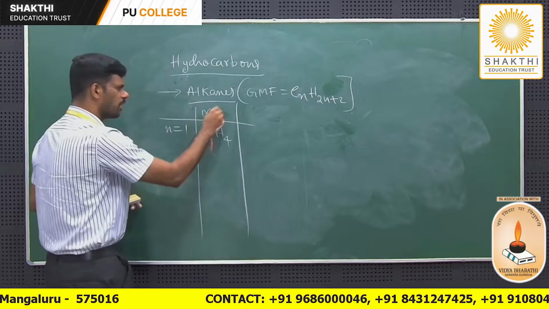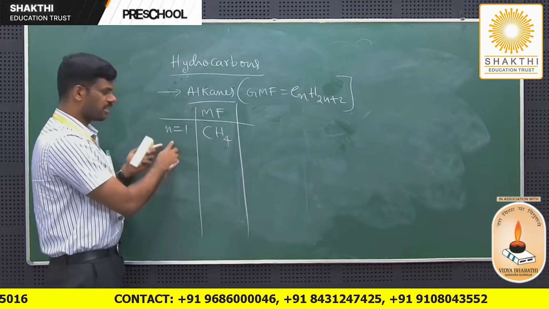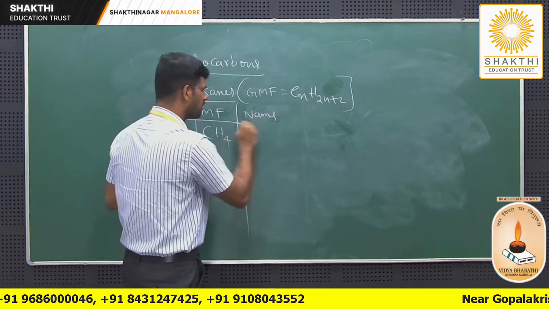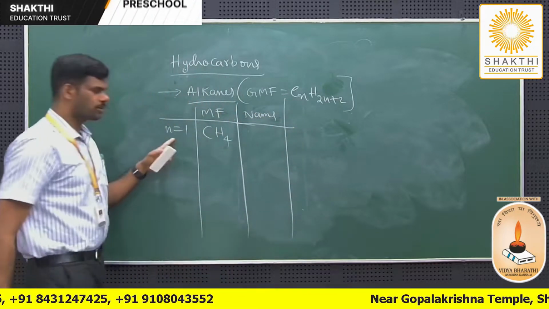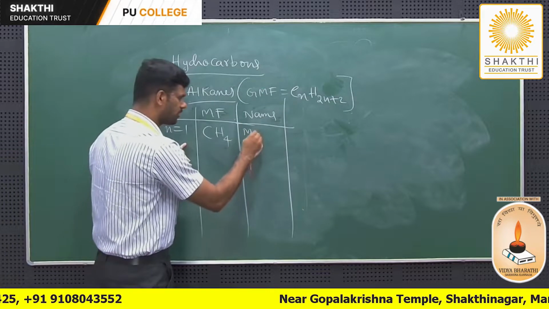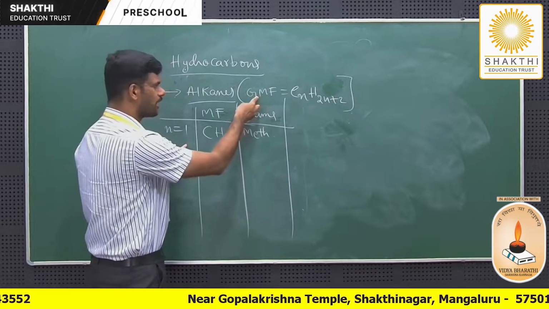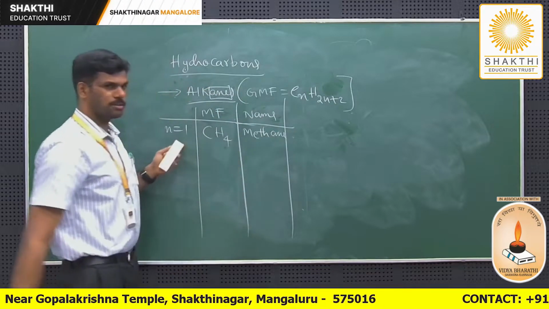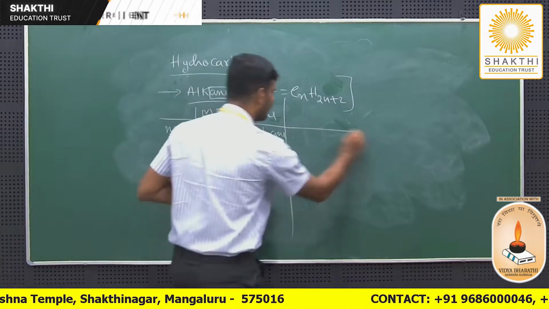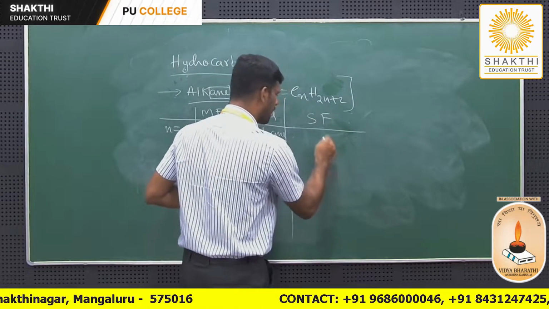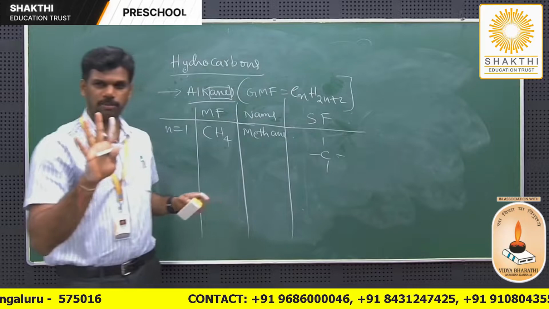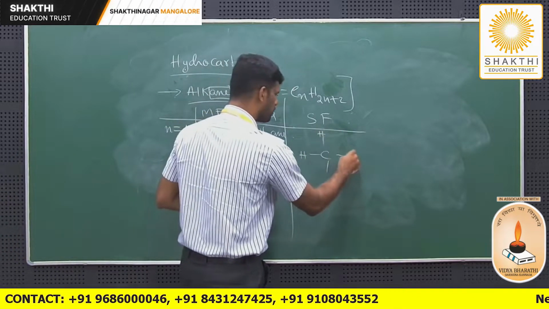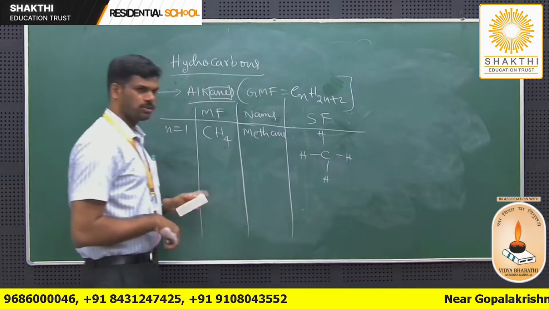The naming starts with n is equal to 1, it is meth. Since this is an alkane, ane is added here, it becomes methane. The structural formula for this is one carbon atom. You all know the valency of carbon is 4, so there should always be 4 bonds: 1 hydrogen, 2 hydrogen, 3 hydrogen and 4 hydrogens.